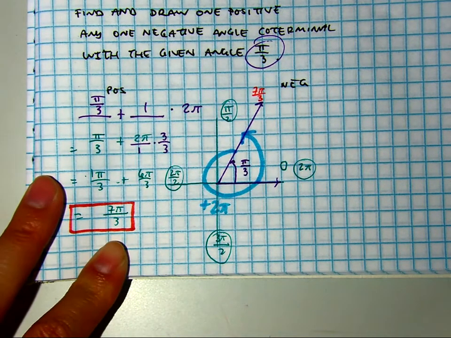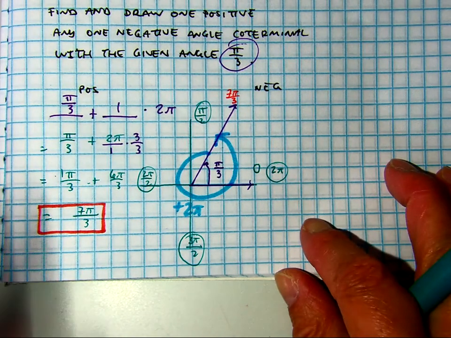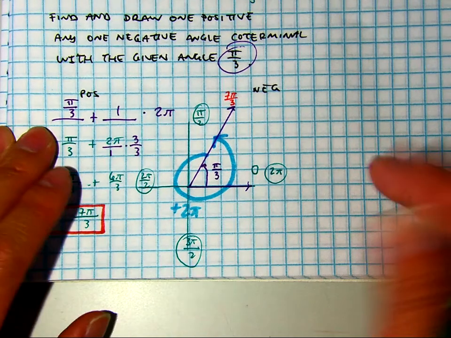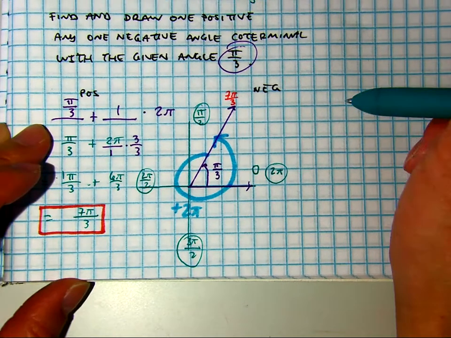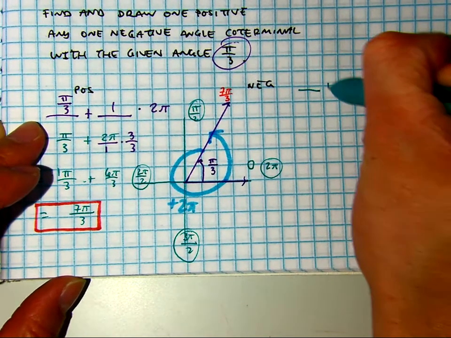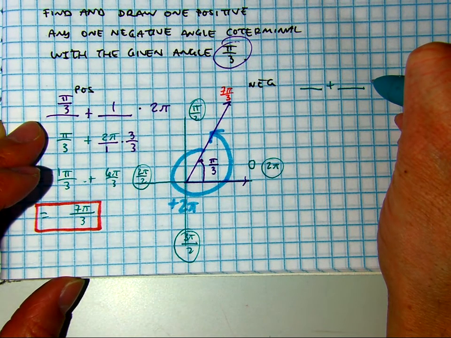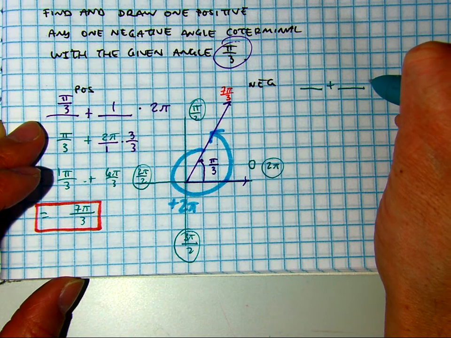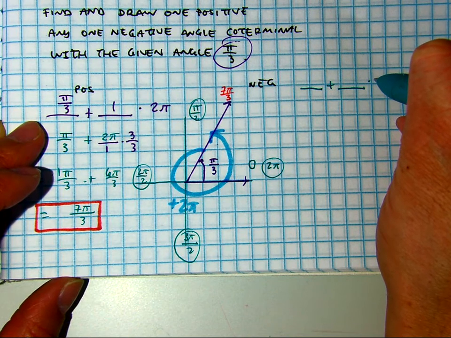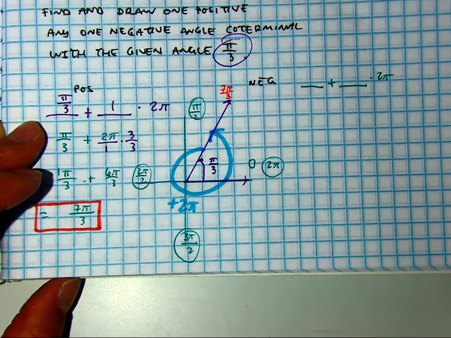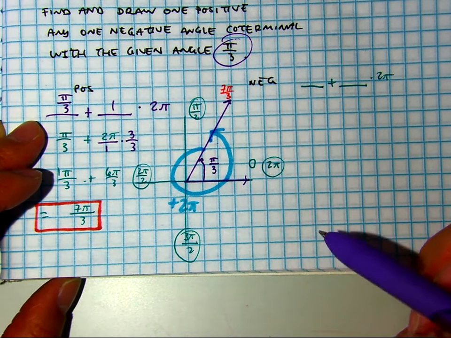David, what is our formula? 2 pi. Parina, what do I put in the blanks? Oh, you put pi over 3.